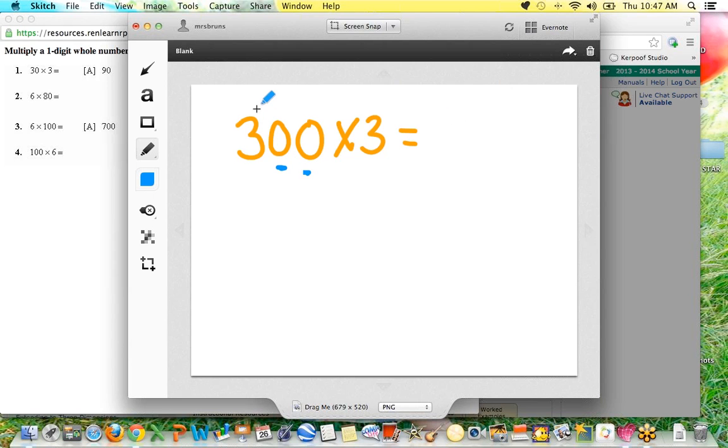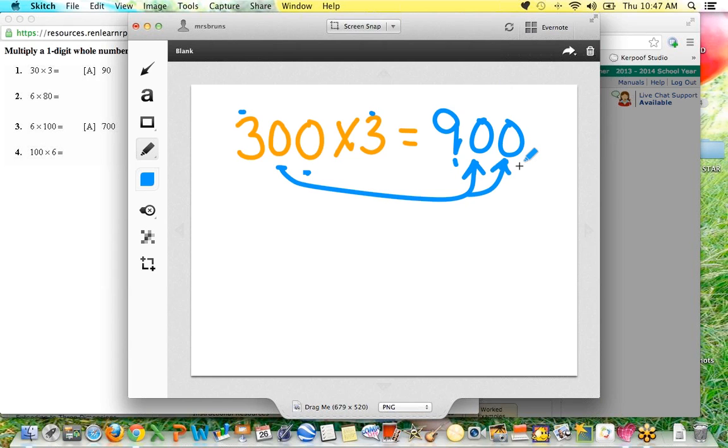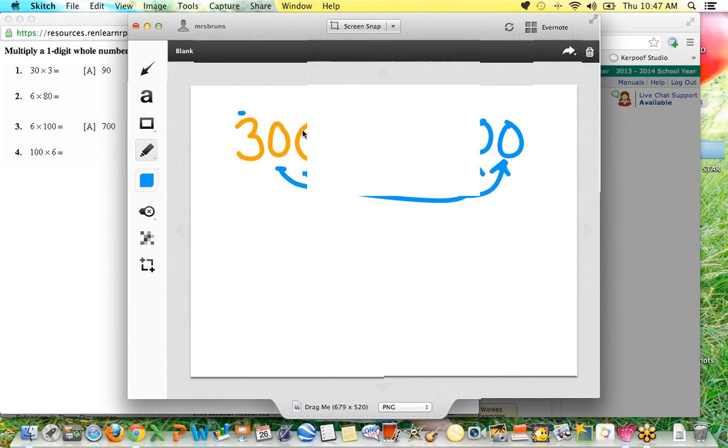Riley caught on to this pattern right away. Your answer would be 900 because you would do your basic problem of 3 times 3 is 9, and then just add your zeros onto the end. Okay? All right, perfect.